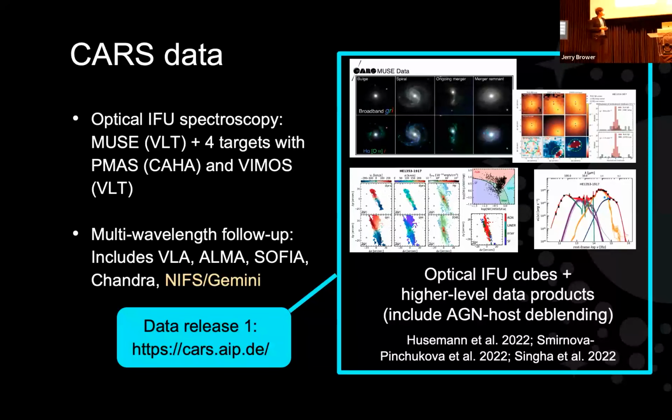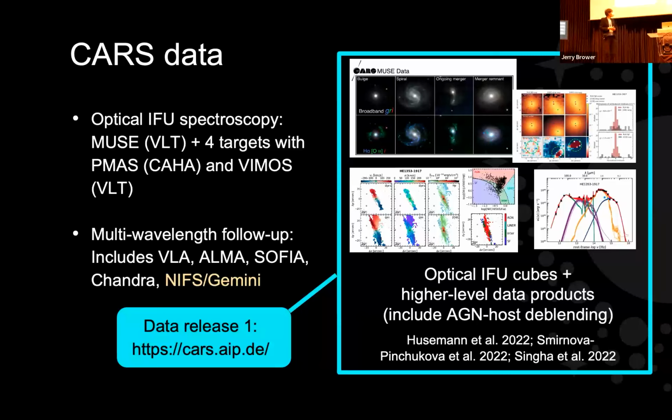And I invite you to take a look at these, just showing a gallery of some of the plots included in the data release. One other aspect I wanted to mention is that the major goal of the CARS survey has been to employ an AGN host galaxy deblending technique on the optical IFU data, which is of course important to study in more detail the host galaxy's properties against the bright AGN.